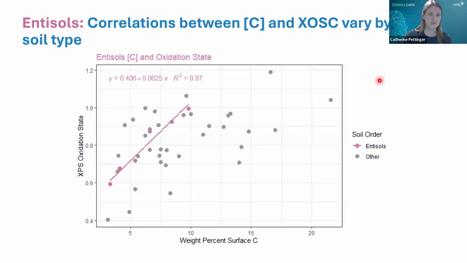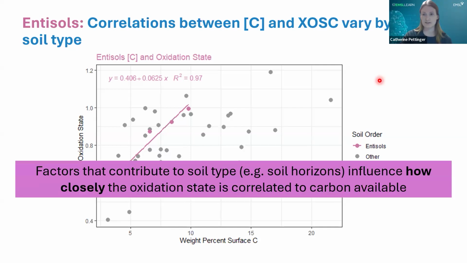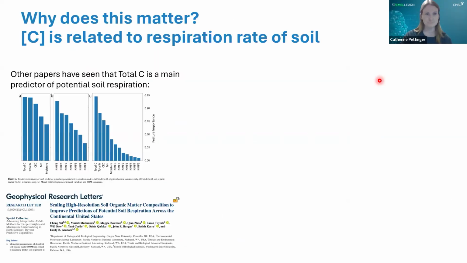Again, this is based off of just 6 data points, but it's still really interesting that we have some really closely tied oxidation state to bulk carbon values that seems to be soil type dependent. Okay, so again, carbon is related in a lot of models as being one of the bigger predictors of soil respiration, such as in this paper.